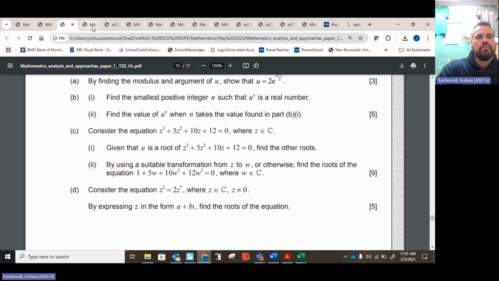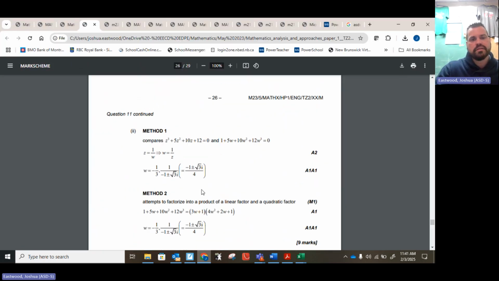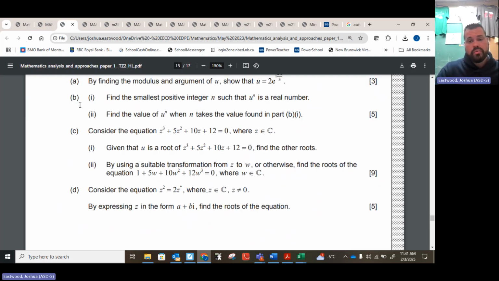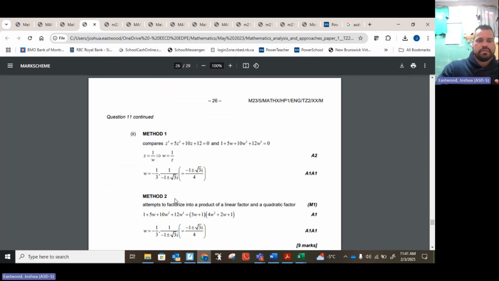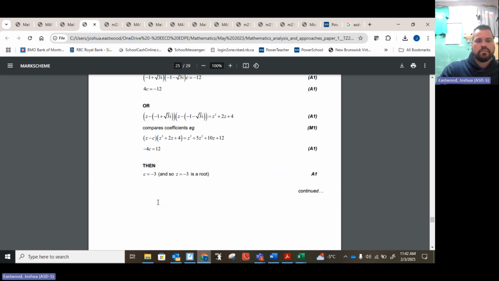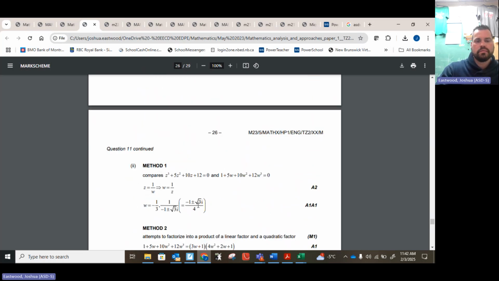And if you look at the mark scheme, that's what it says, that Z is 1 over W or W is 1 over Z. Now that you know that, it says find the roots of the equation. So essentially all we've done is taken the roots, the Z values, and we just flip them as well. So you'll notice that all of our roots now are just inverses. So our roots were these, and now they're these, okay?